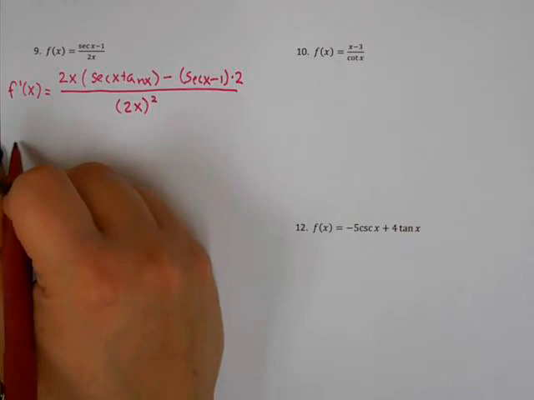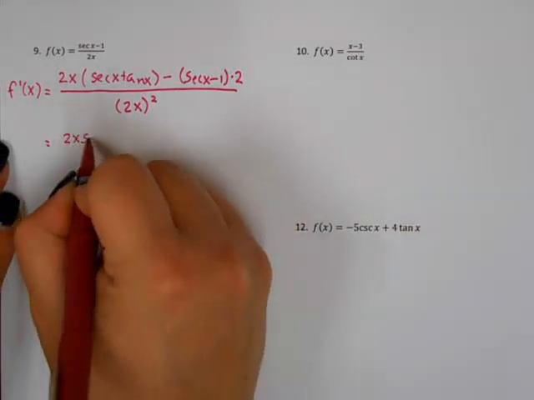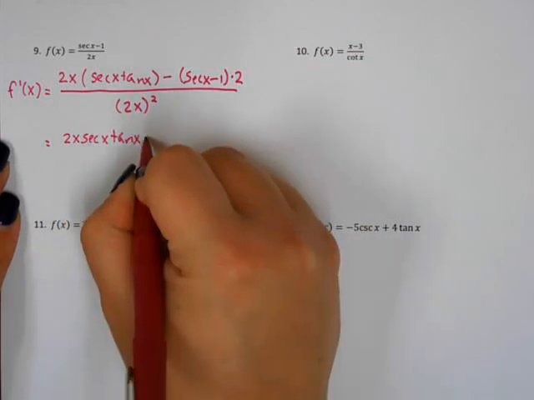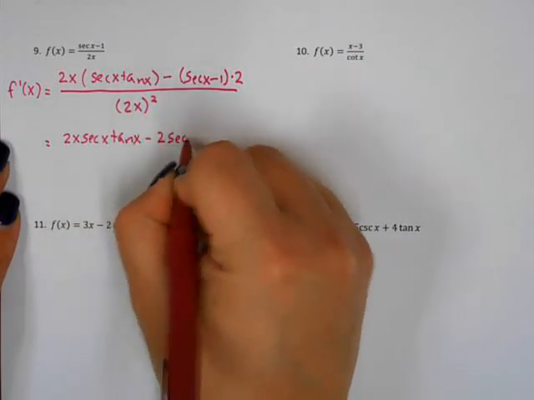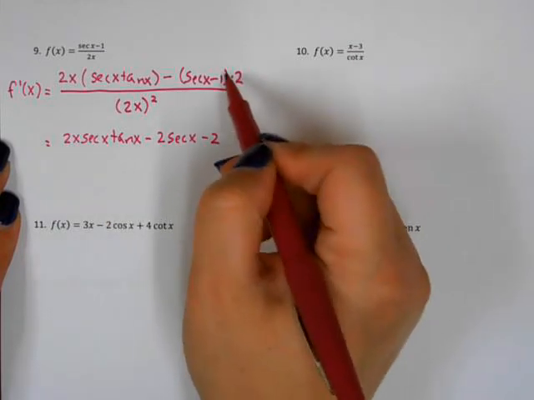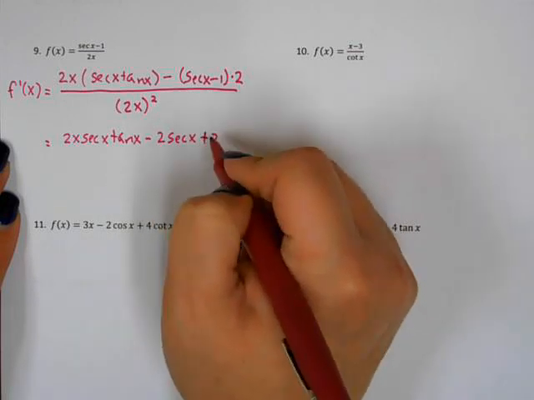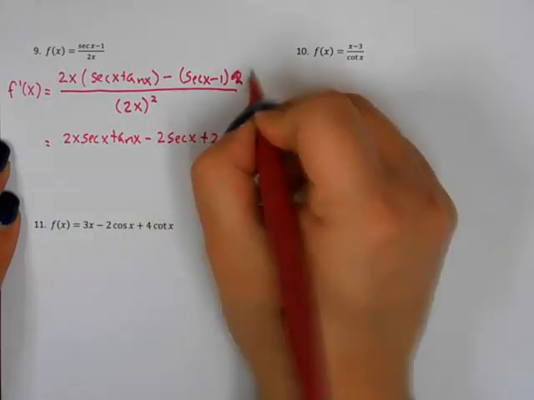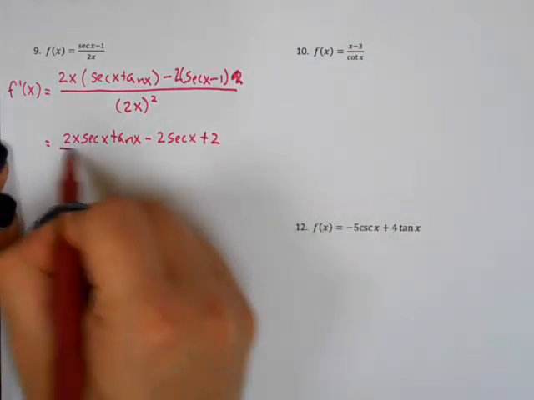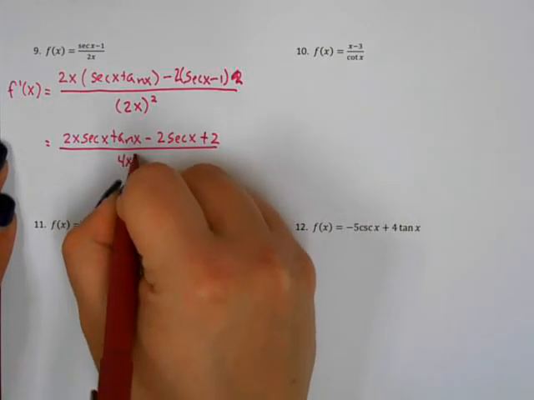So then if we start to simplify, this would be 2x secant x tangent x minus 2 secant x minus 2. So all I did was distribute this 2 inside, right? Oops, that'd be a plus 2. Because really, I could rewrite this 2 in front here and then distribute the 2 inside. All over 2x quantity squared would be 4x squared.